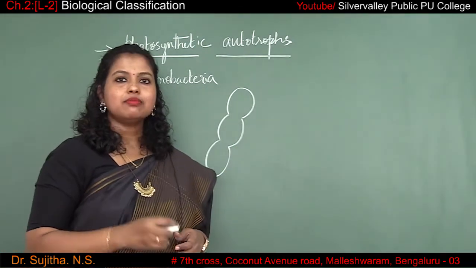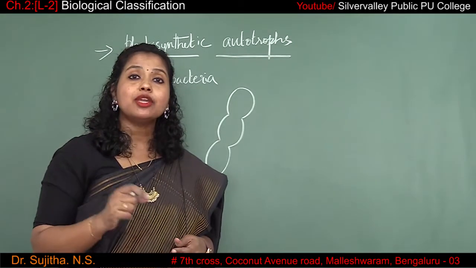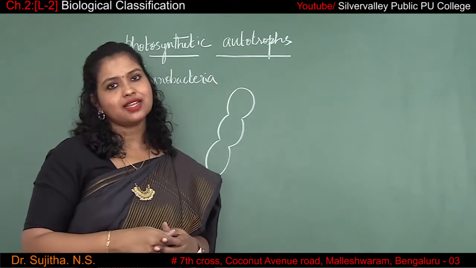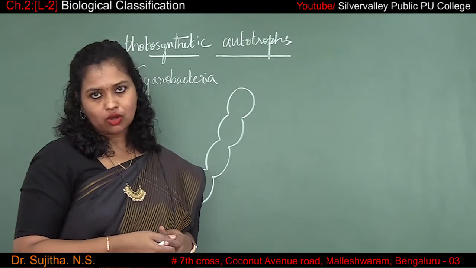Cyanobacteria can be unicellular, single celled, it can be colonial in nature, or it can be filamentous in nature, and it can make its own food on its own.